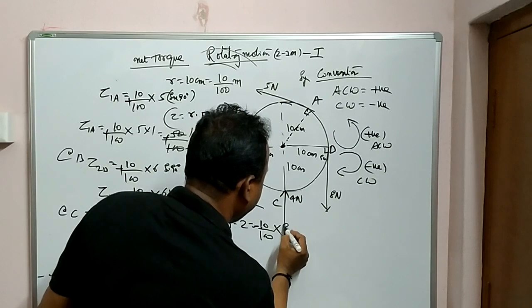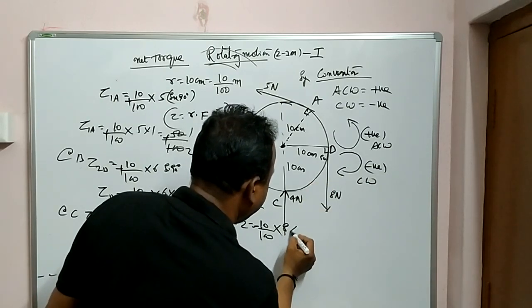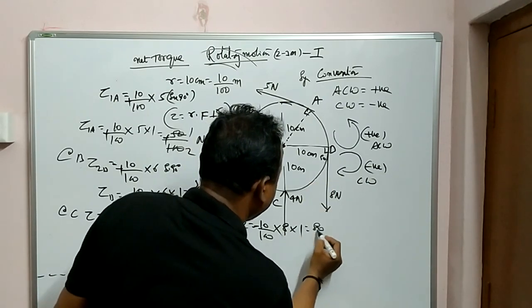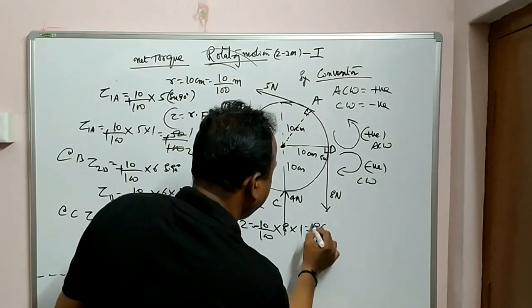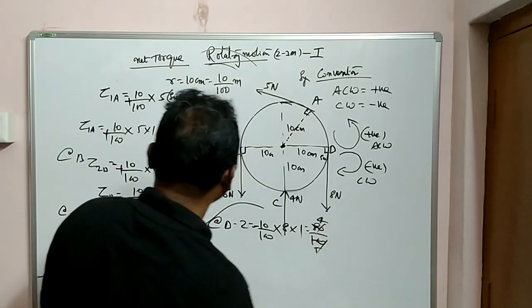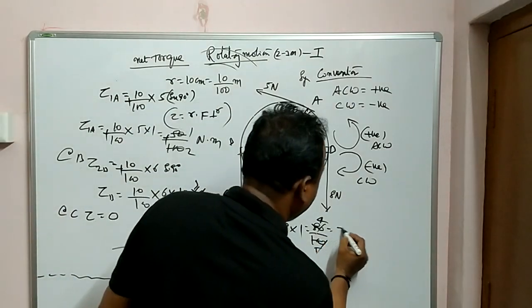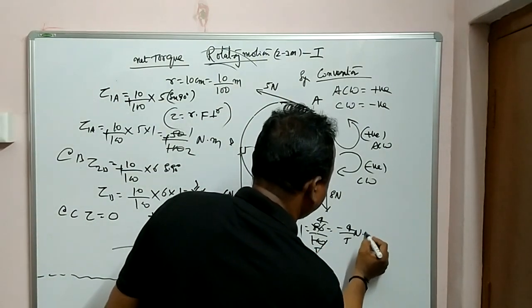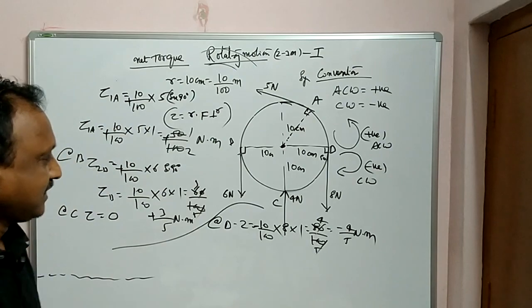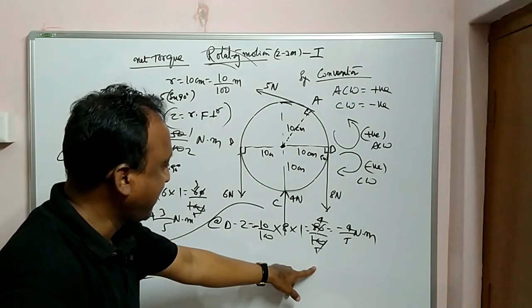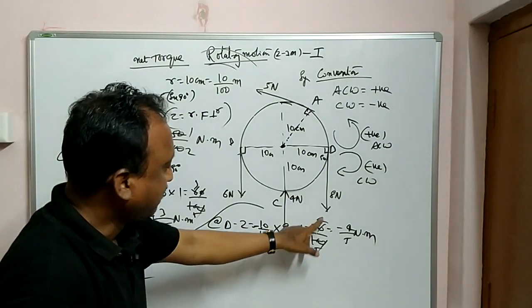F perpendicular is 8 sin 90. Sin 90 is 1, so 80/100. That is 2 4s are 8, 2 5s are 10. What value did we get? -4/5 Newton meter.